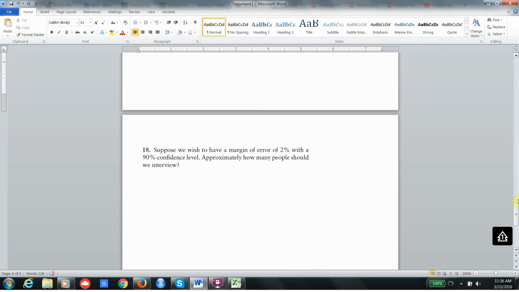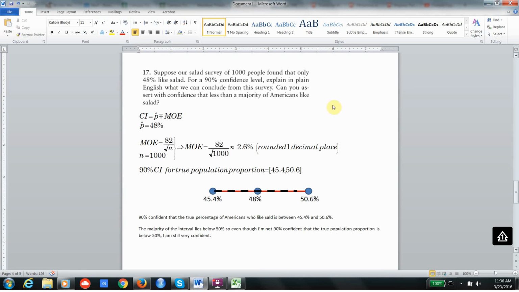All right, for 18, we suppose that we want to have a margin of error of 2% with a 90% confidence interval. And we want to go ahead and use the formula to just calculate this. So I'm going to use my formula.